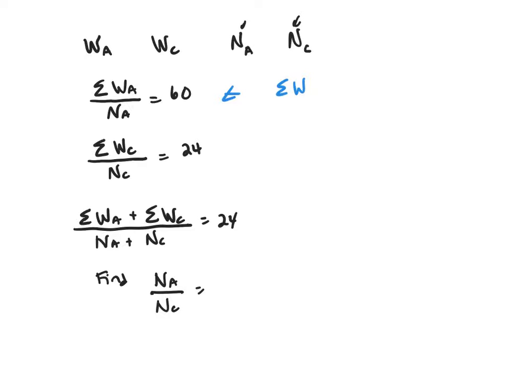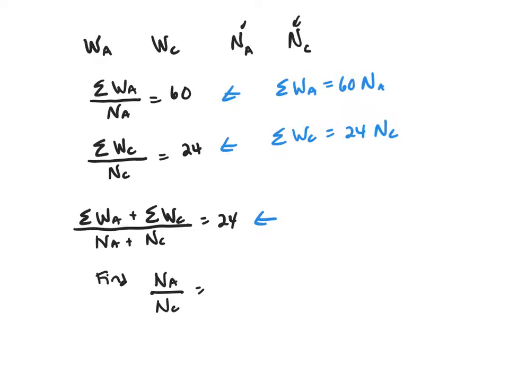Sum of W sub A would equal 60 times N sub A. And do the same thing here. Sum of weights of the children equals 24 times the number of children. And let's plug that information in here and see what happens.